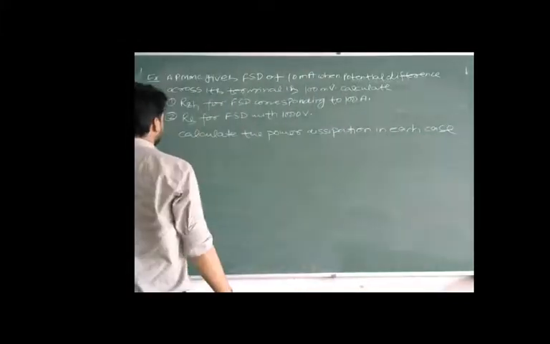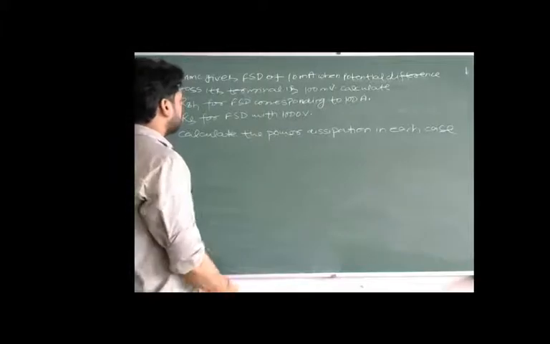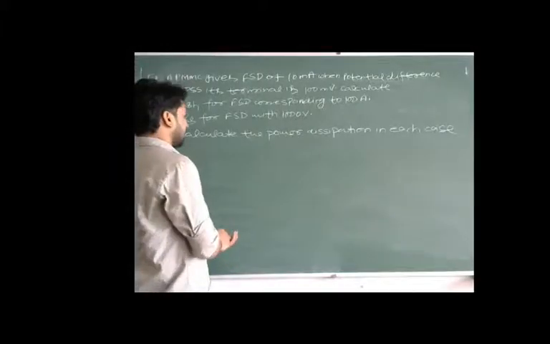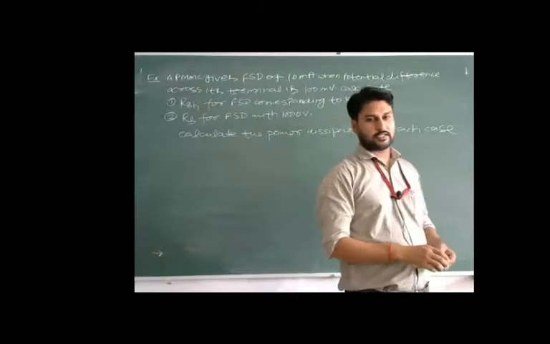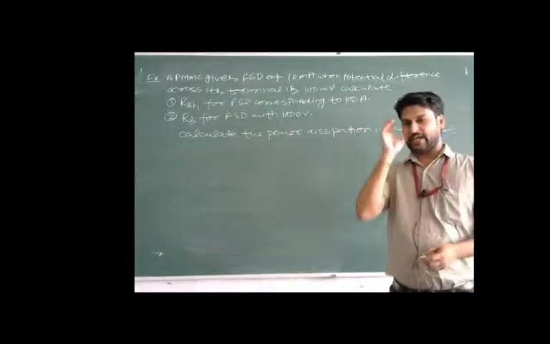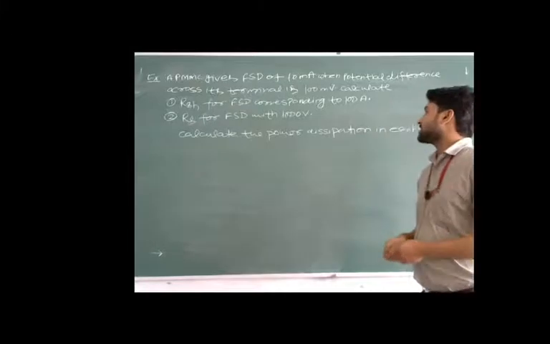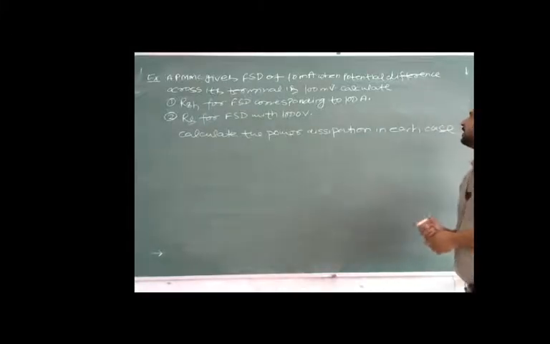A PMMC instrument gives a full scale deflection of 10 milliampere, which means the maximum current that the instrument can carry is 10 milliampere when the potential difference across the terminal is 100 millivolt.